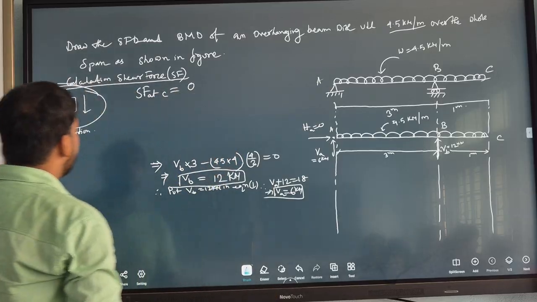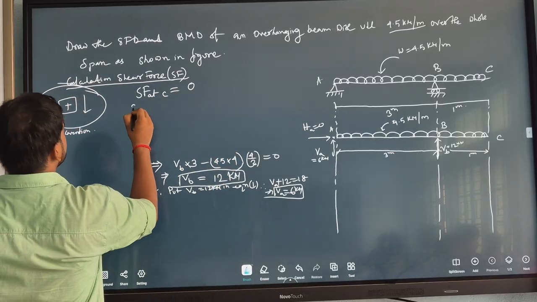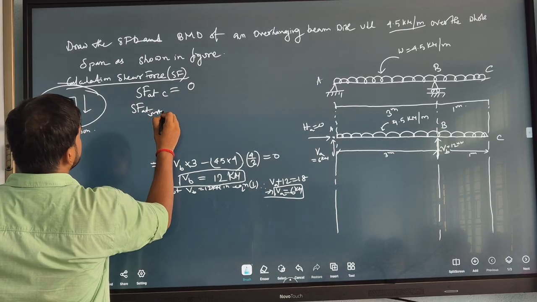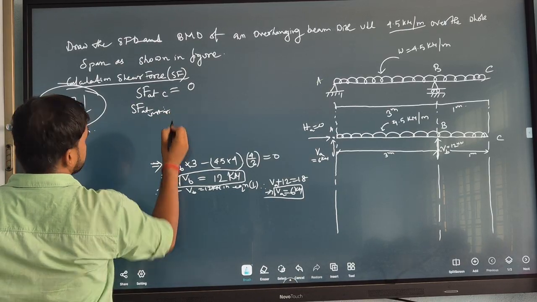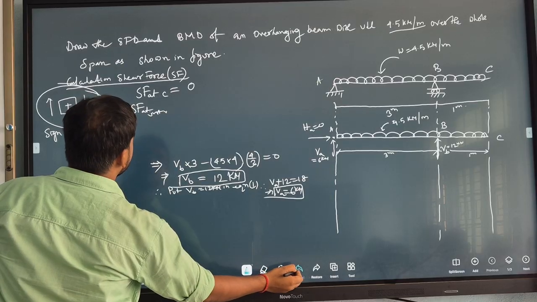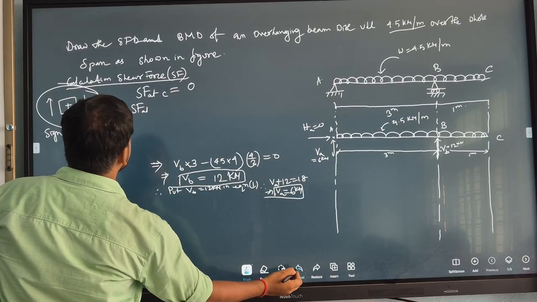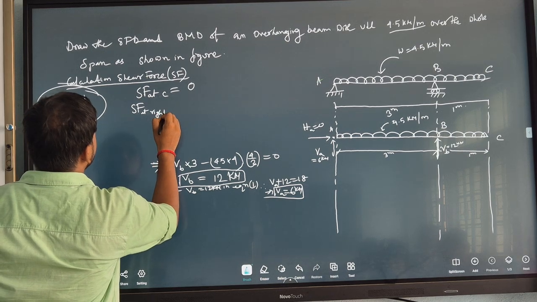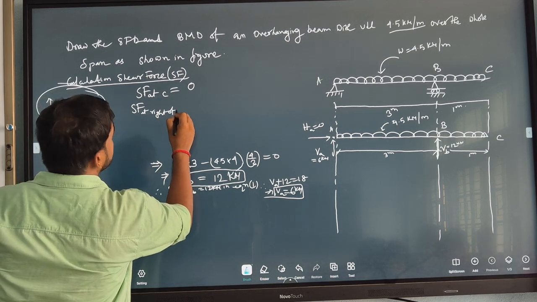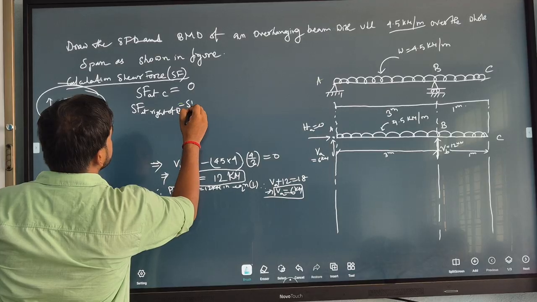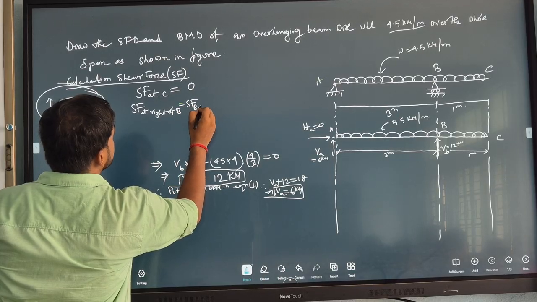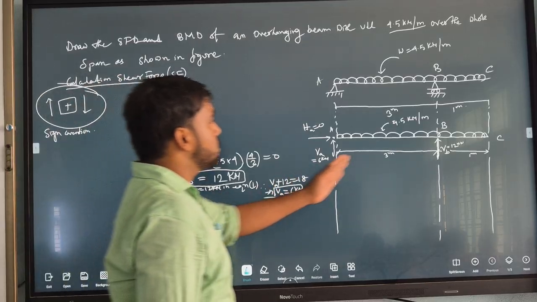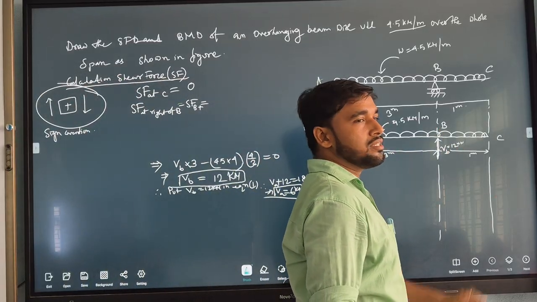Here, shear force at just right of B, or SF B plus. How much?